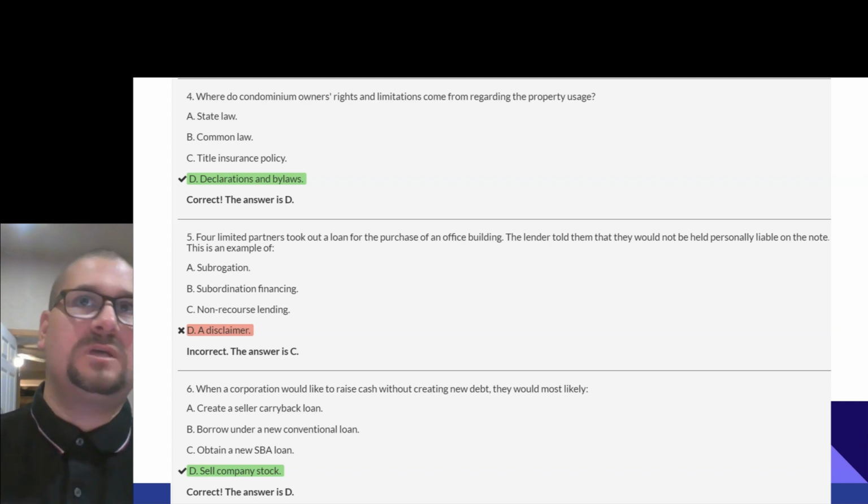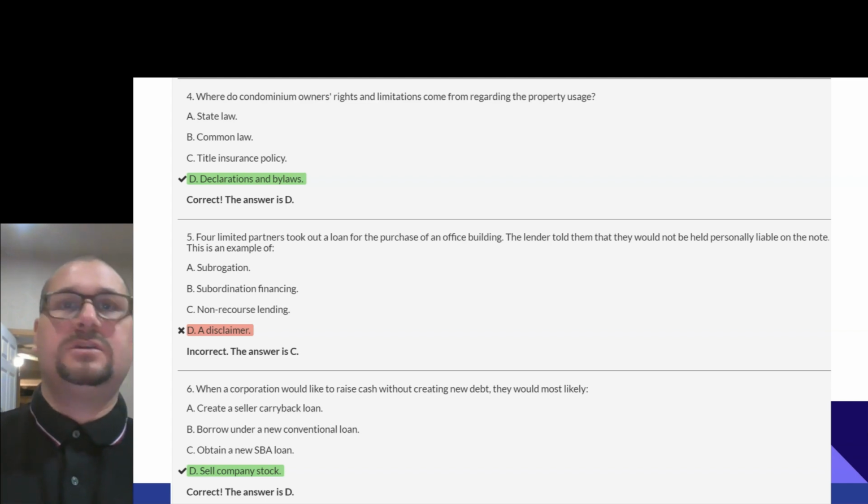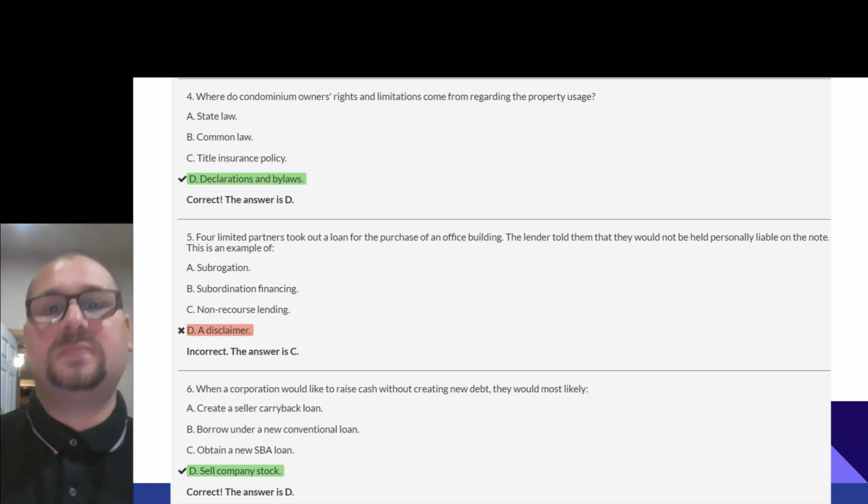They would sell company stock. So say, for example, Elon Musk, right? He wants to not get more debt on Tesla. So what is he going to do? He's going to sell company stock. And when he sells that stock, that's going to give more cash, and that's not going to give more debt on the company. He's just selling stock.